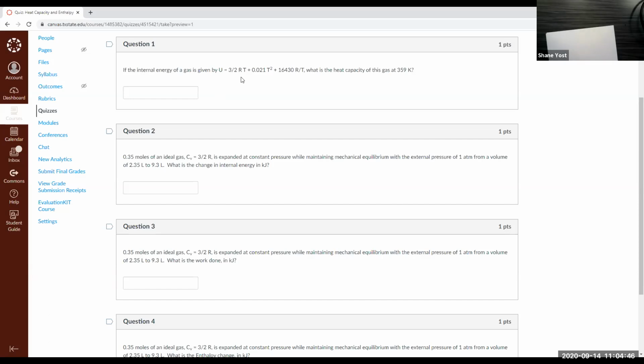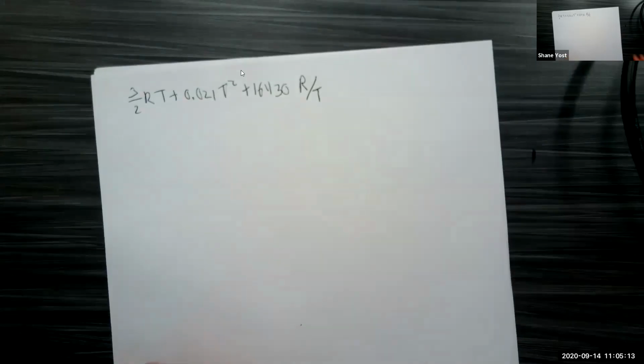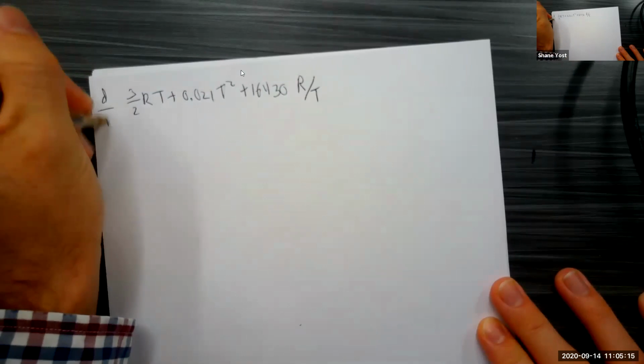Let me write it out real quick. 3 halves RT. Take the derivative of this with respect to temperature.